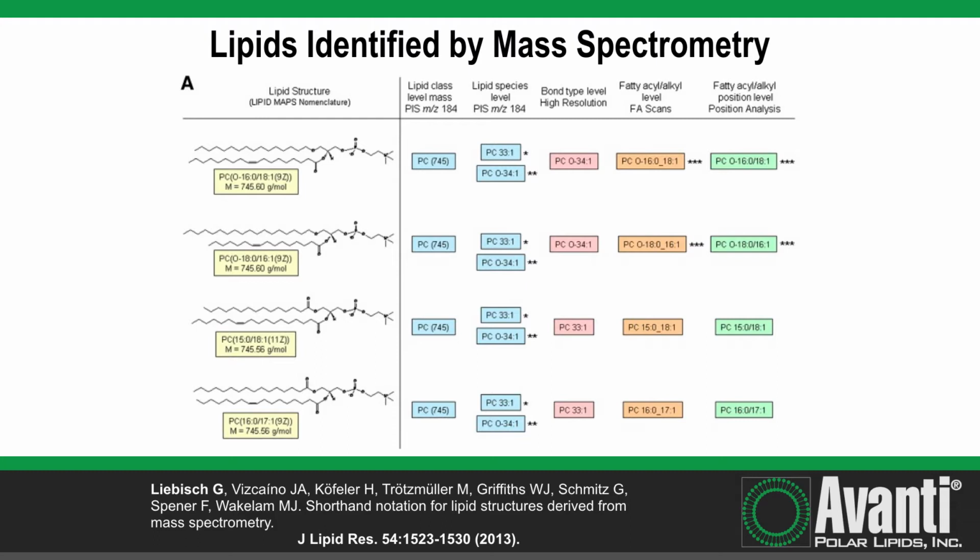So it's worthwhile looking at this to really understand what level you are identifying the lipid. You may only be identifying it as a molecular weight and maybe as a PC or a PE, but nothing else. So if you identify only at that level, it's important to report, either in your paper or in the report you are writing, at what level you are actually identifying this.